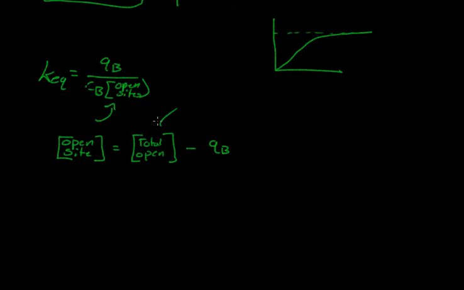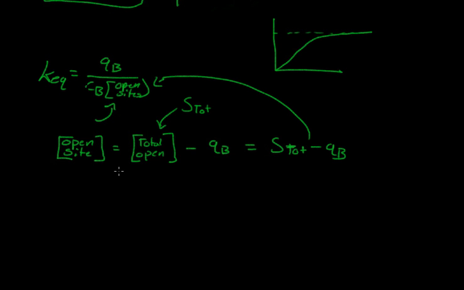And we'll give this a new variable, S tot, or S total. So then that becomes S total minus QB. And we're going to plug that into this.